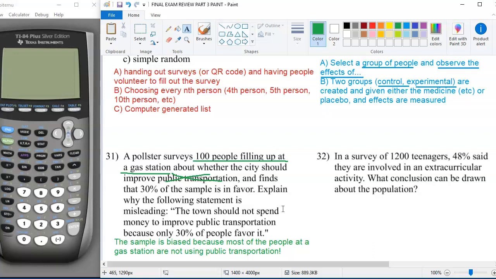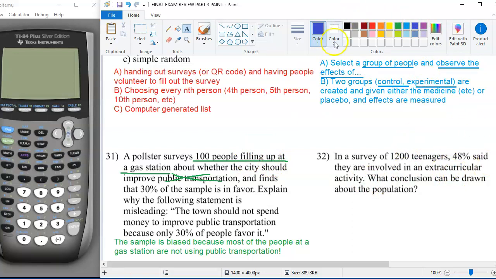You shouldn't only be surveying people at the gas station, because if I am at a gas station, it is probably to put gas in my car, which is not public transportation. All right, there you go. So it would be like asking Tesla drivers what they think about gas prices. You know, you're surveying one specific group of people that are going to have a very specific opinion about the subject.